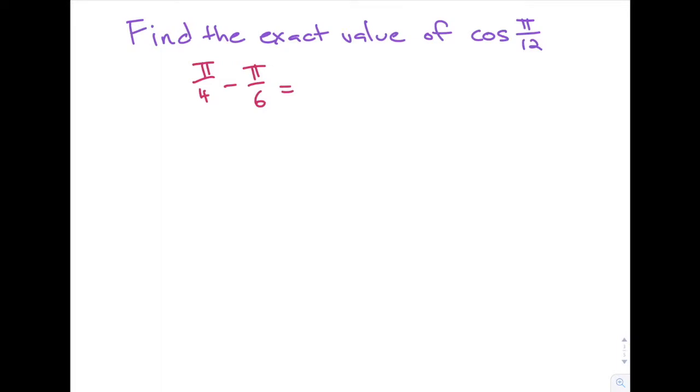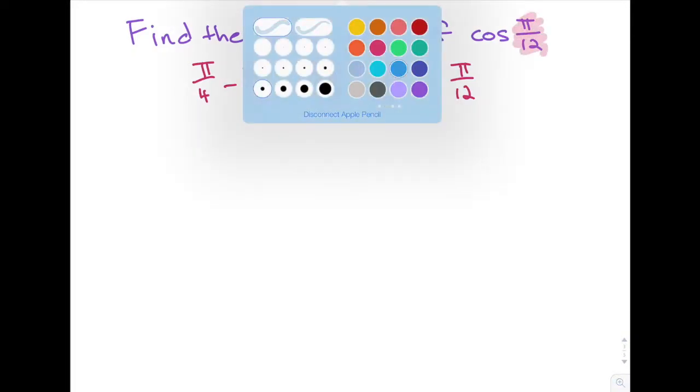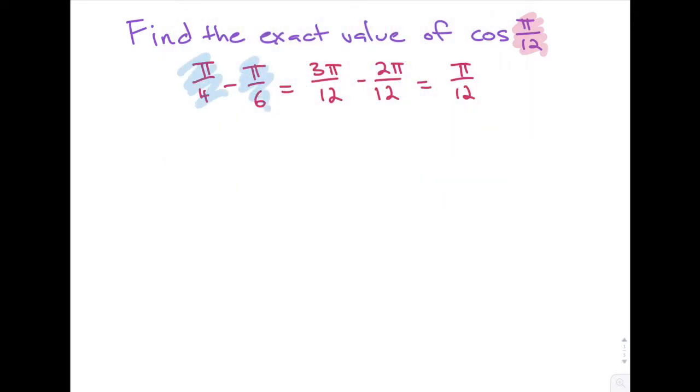This equals 3 pi over 12 minus 2 pi over 12, and that equals pi over 12. So the first step is to figure out how we can write the given angle in terms of well-known angles like pi over 4 and pi over 6.